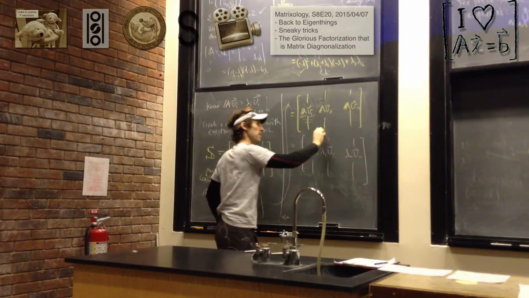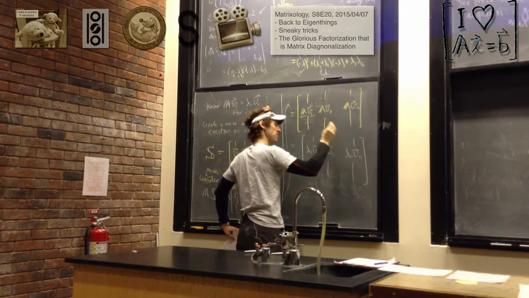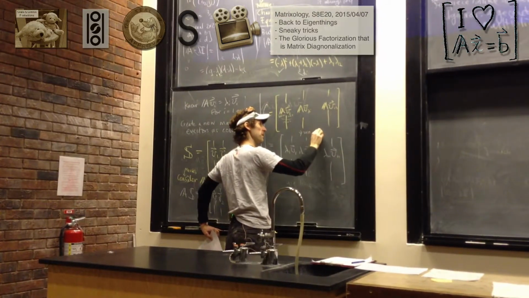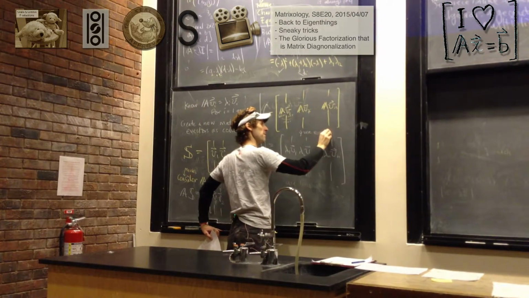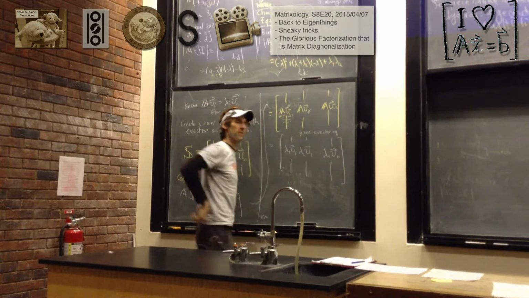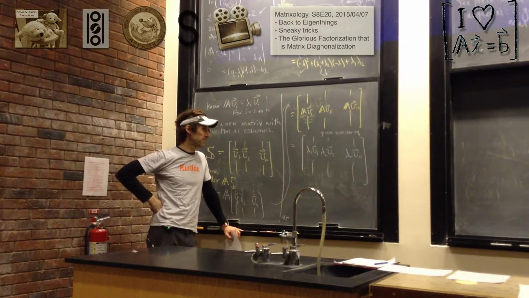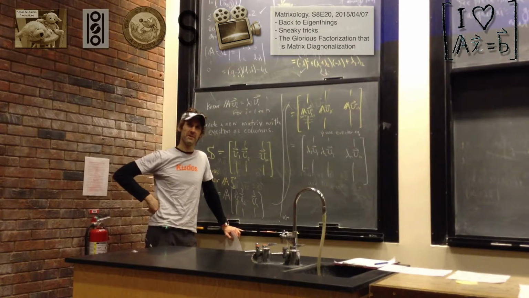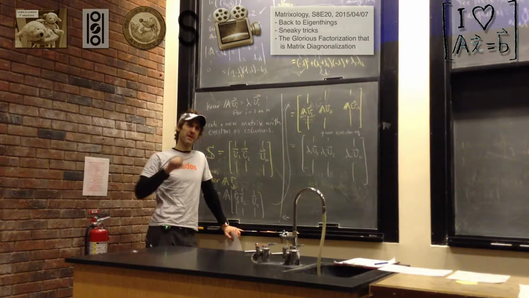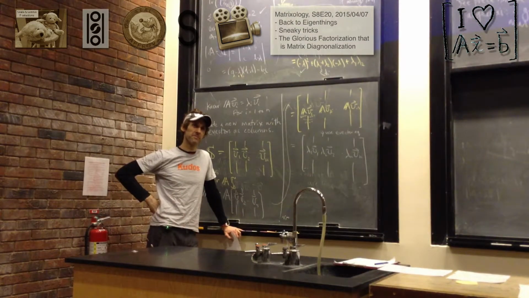This is where we use the eigenvector equation, column by column. So what about the next step? We want to extrude the lambdas. So which side does it go on?